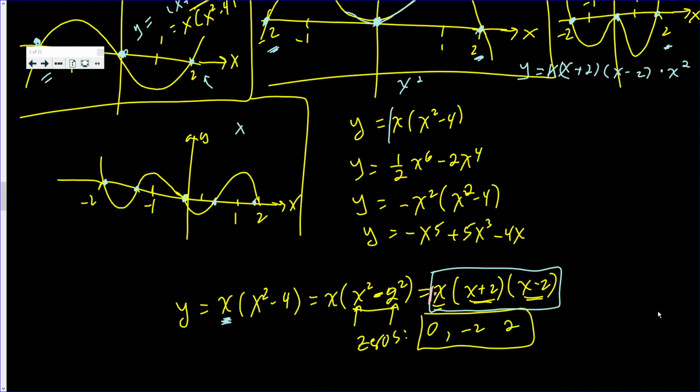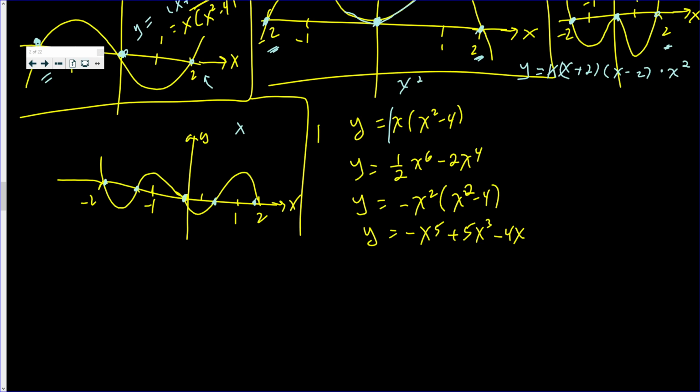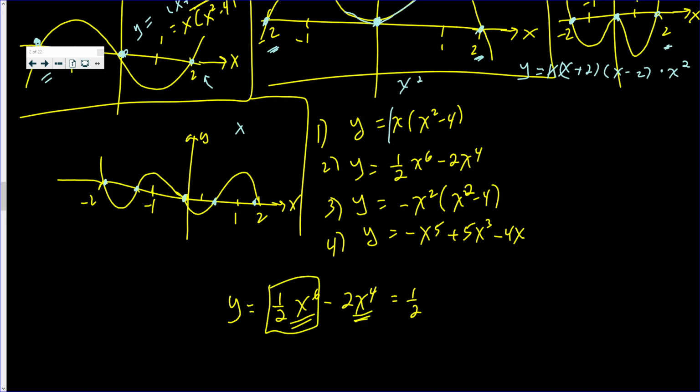So now let's see what we can do with the second one. Since I'm numbering them, let me number them. Y is equal to 1/2 x to the 6th minus 2x to the 4th. Maybe I'll factor out the half. And this has 6 x's being multiplied by itself, and this has 4. So they only have 4 in common. A half times 1 is a half.